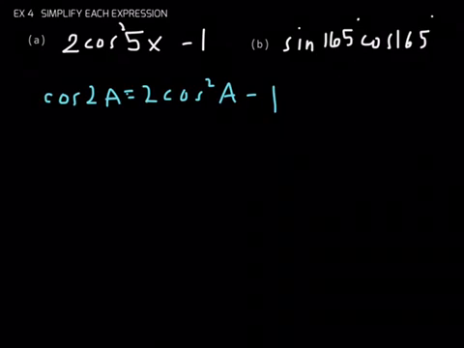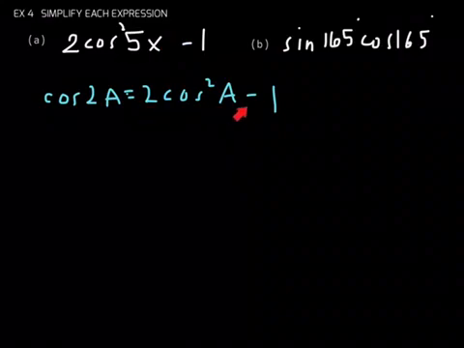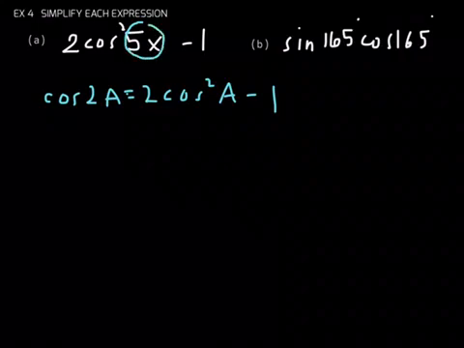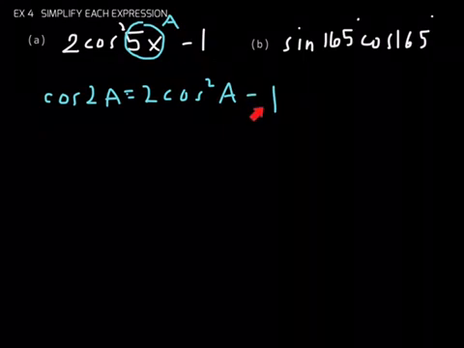So notice that they gave you an expression that matches this right-hand side. It matches, look at this 2, matches this 2, and then this argument, 5x, is like your a here. That cosine of 5x there is like your a in your identity. And of course, the minus 1 is like the minus 1.